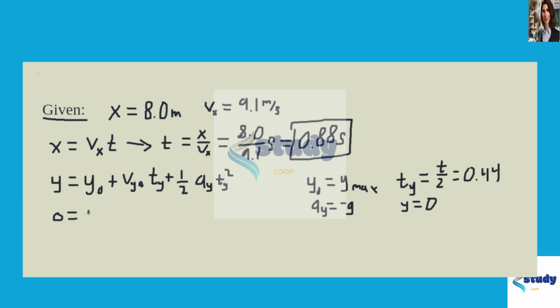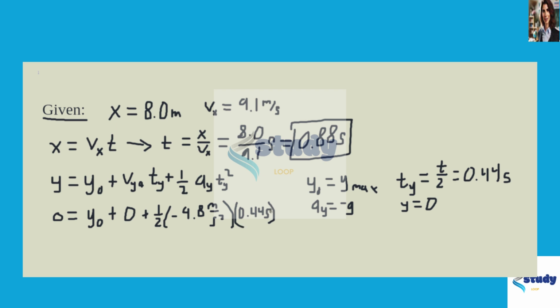This is 0 is equal to y of 0, plus vy of 0 is 0, so this is going to be 0, plus 1/2 times a of y, which is minus the acceleration of gravity, 9.8 meters per second squared, times t of y, which we said was 0.44 seconds. So this will be times 0.44 seconds, and this is squared.